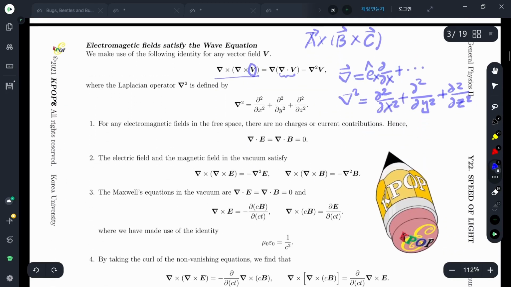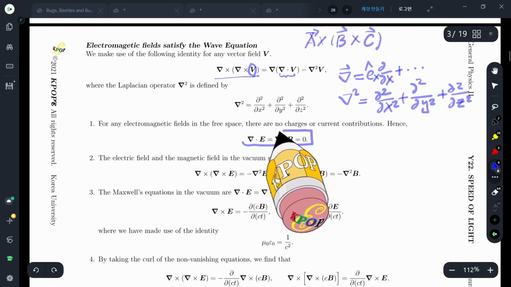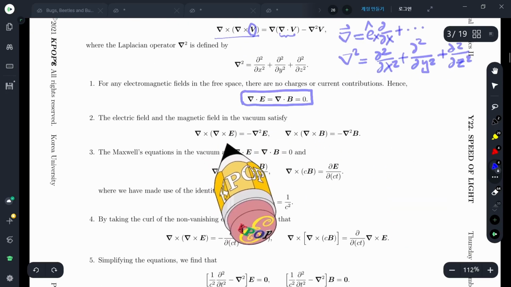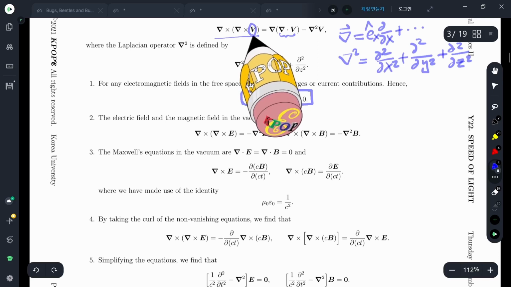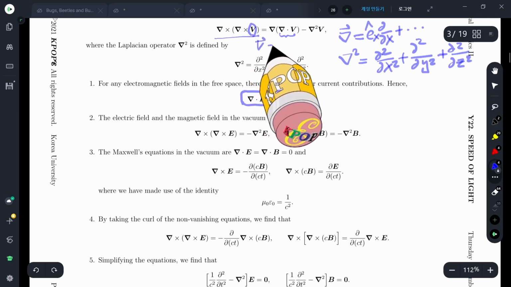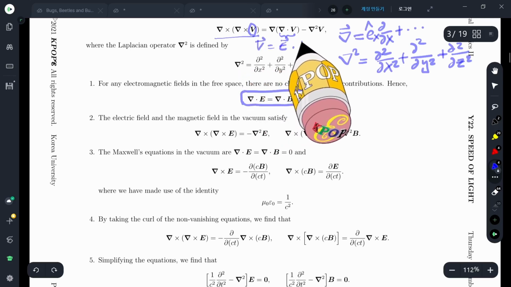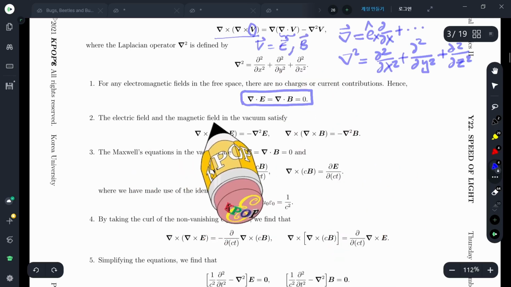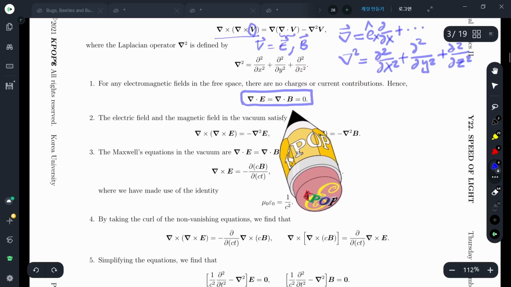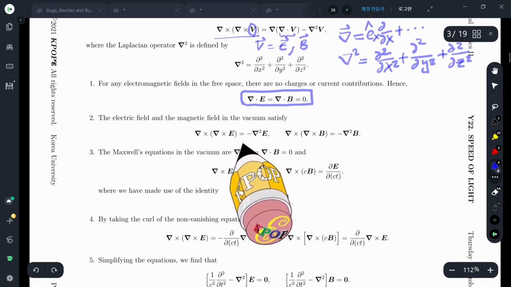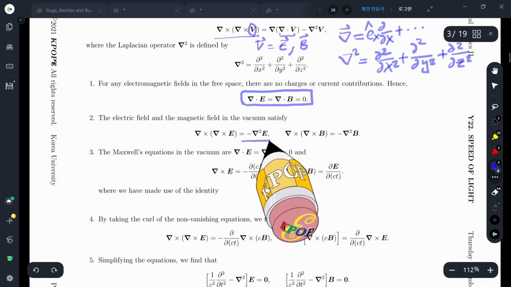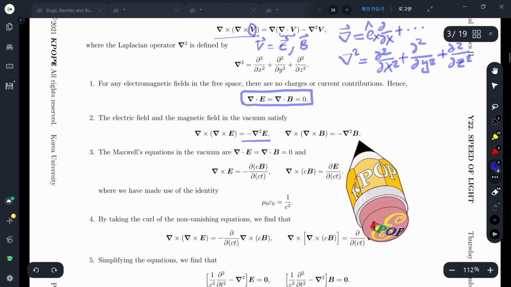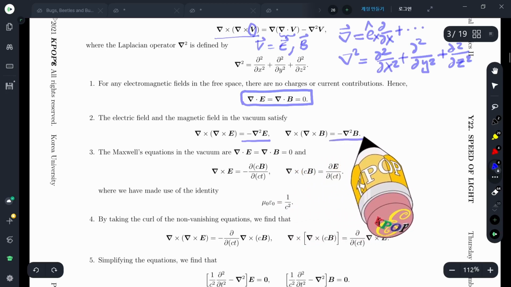Therefore, this simple relation can be applied if we substitute V equals the electric field or magnetic field. We apply the rule to find that curl curl E is minus the Laplacian of the electric field, and curl curl B is minus the Laplacian of the magnetic field.